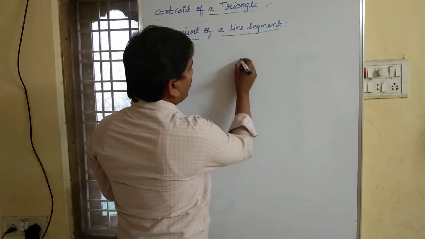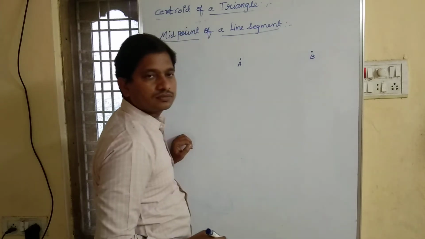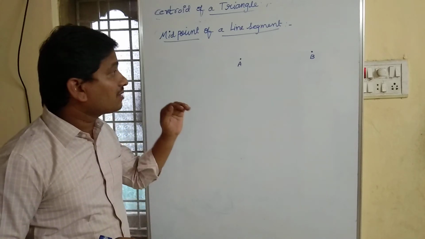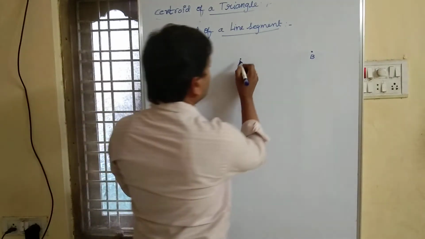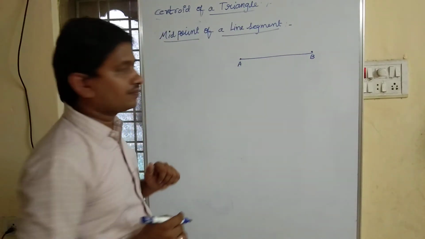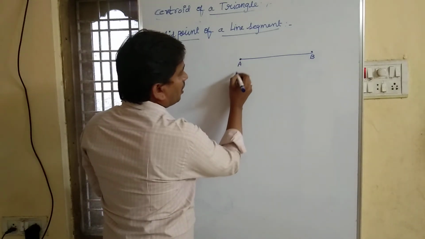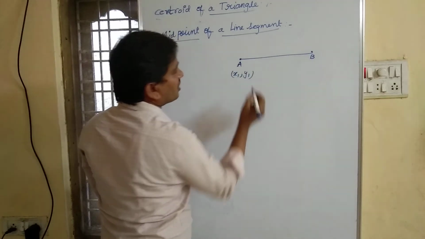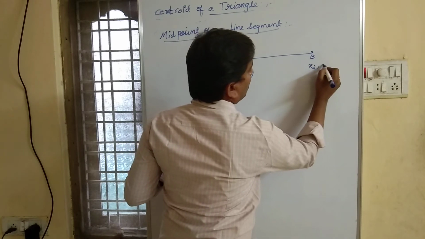Consider a point A and a point B. A line segment is obtained by joining two endpoints. If I join these two endpoints, I get a line segment. In the plane, let point A be (x1, y1) and point B be (x2, y2).